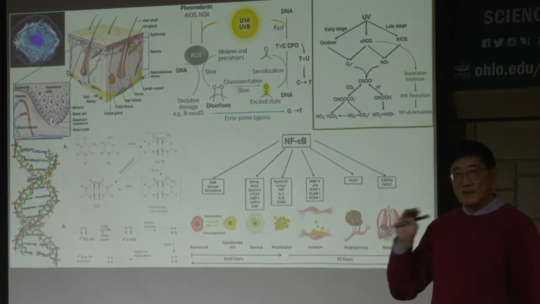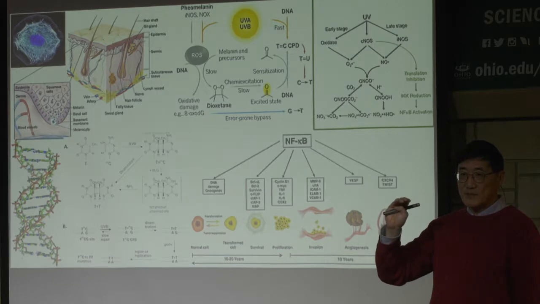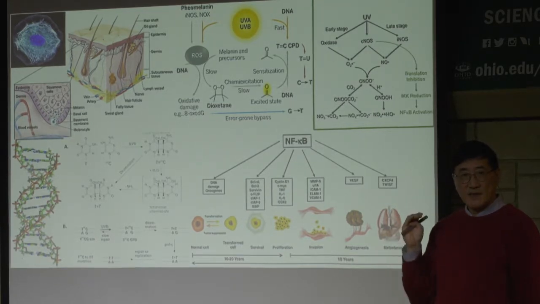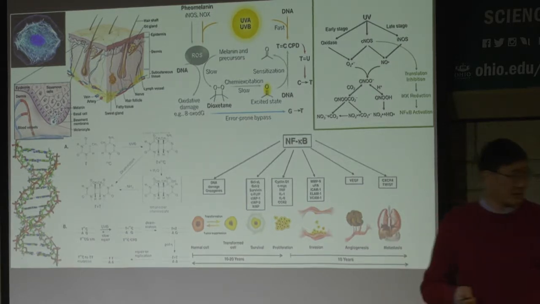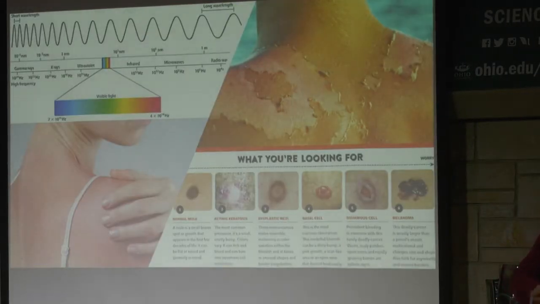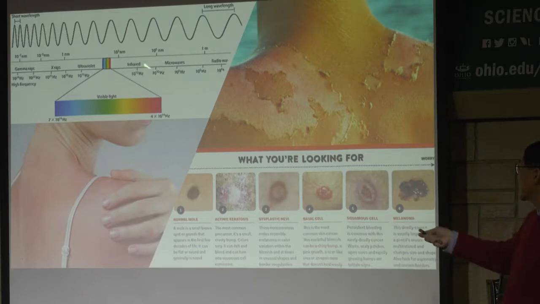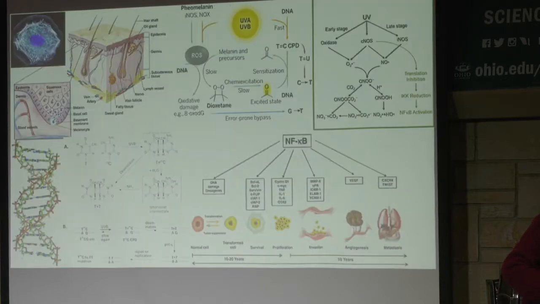So when we study UV, we look at different cells. UVB causes more problems for skin cancer formation, because whether it's squamous cell carcinoma or basal cell carcinoma, these cancers both develop from the basal cells differentiated into the epidermis layer.